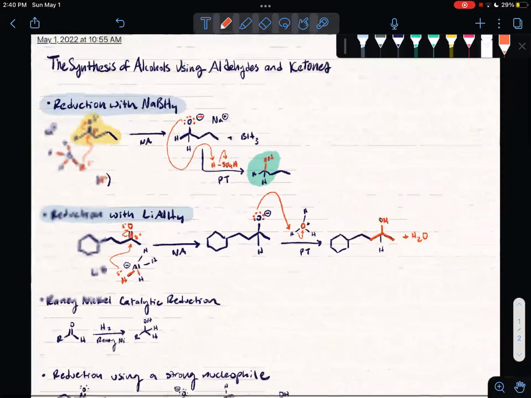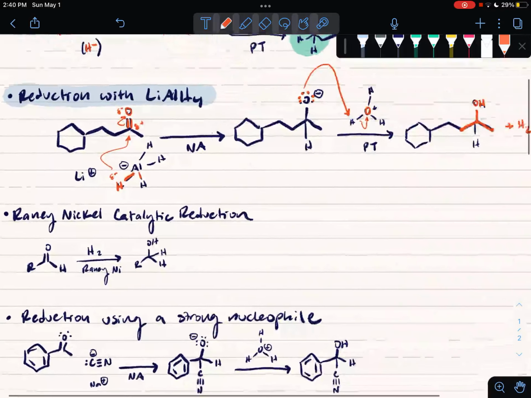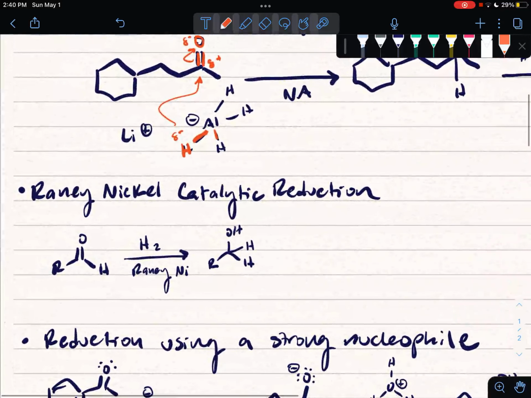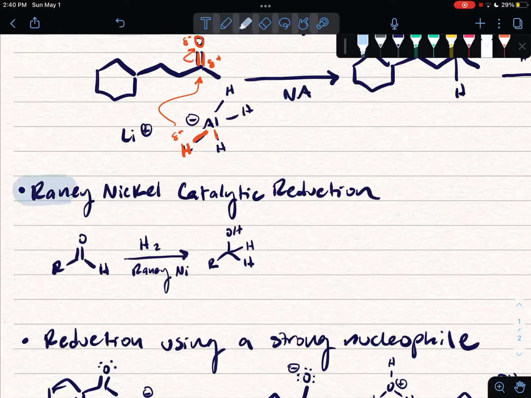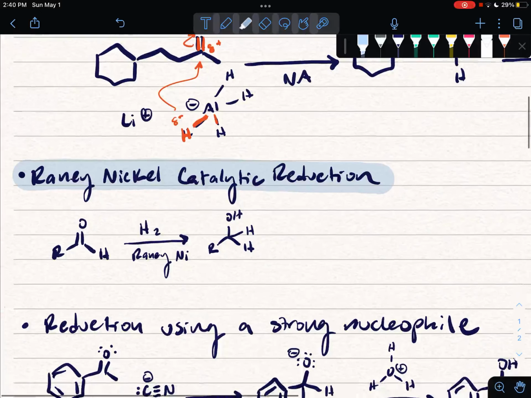Okay. Next, let's talk about the Raney nickel catalytic reduction mechanism. Typically what I've seen is that the Raney nickel catalytic reduction mechanism can be used to reduce really any double bond. But in this case, we're using it to reduce our carbonyl group double bond.